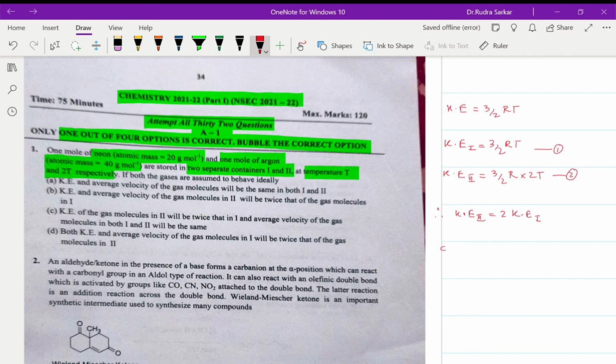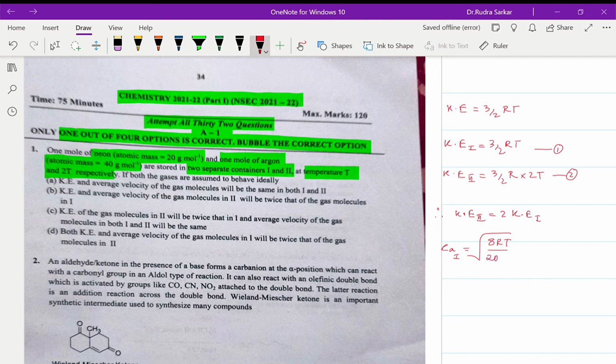And for C average, we know the formula is the square root of 8RT by pi m. So for C average for container 1 will be what? We will say T remains as T and the neon is the gas over here.